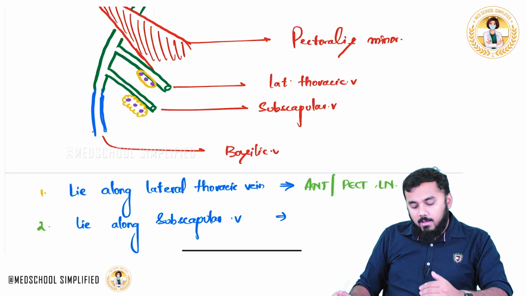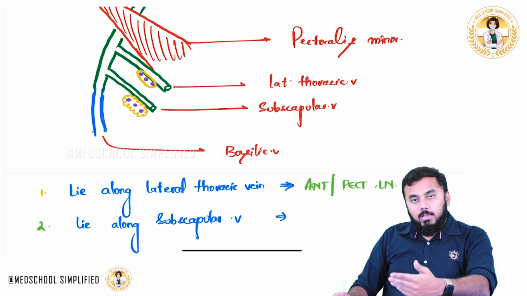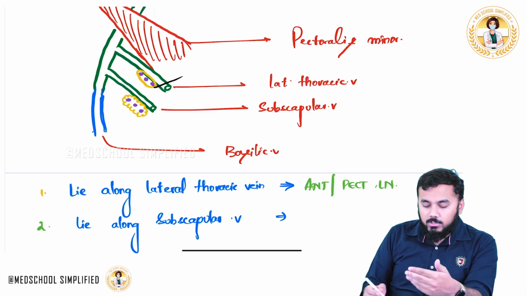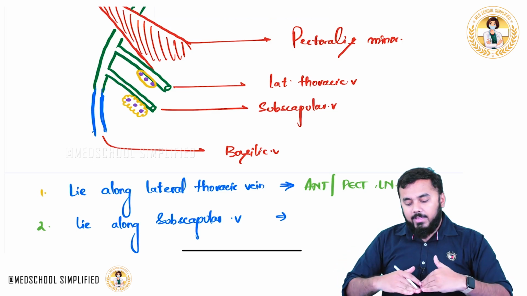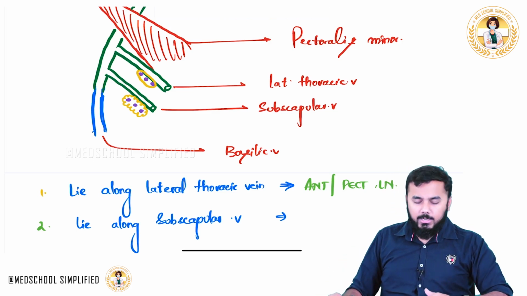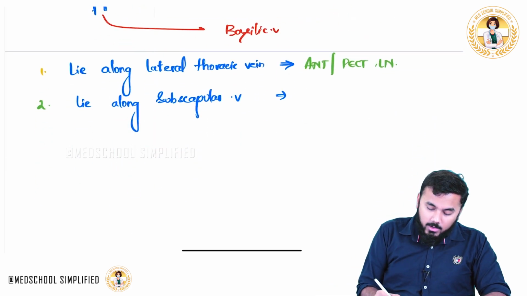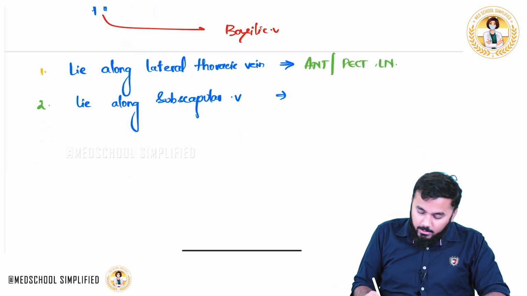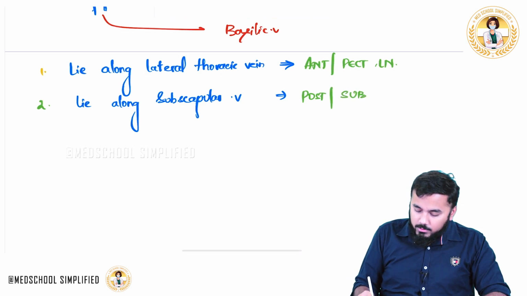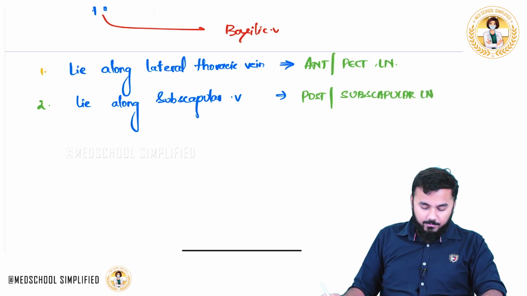One is anterior, this one, near the lateral thoracic vein, these lymph nodes are anterior. So in back of that, where they are lying along the subscapular vein, they will be posterior. So these lymph nodes are called posterior or subscapular lymph nodes.